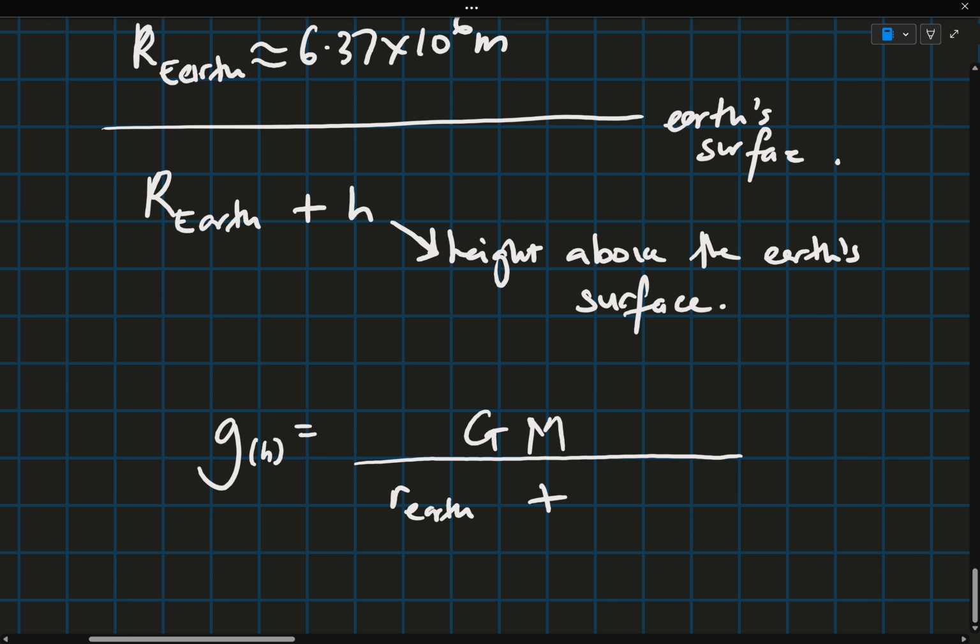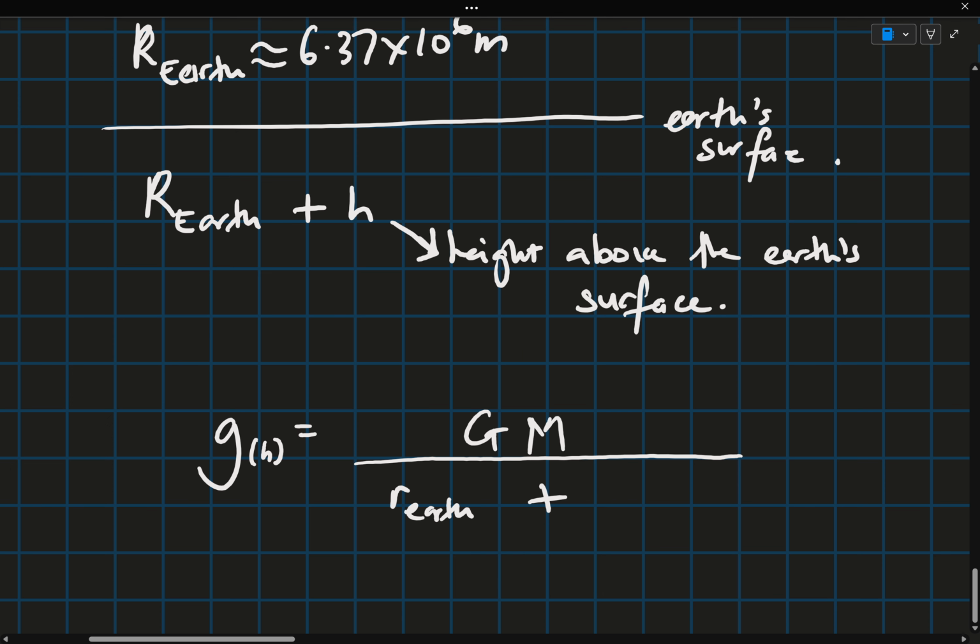So what we're seeing here is that in order to get the gravitational field at some height above the Earth's surface, we're going to be using the same equation that we derived up here. But r is going to have some added value, because r is a distance towards the center of the Earth.